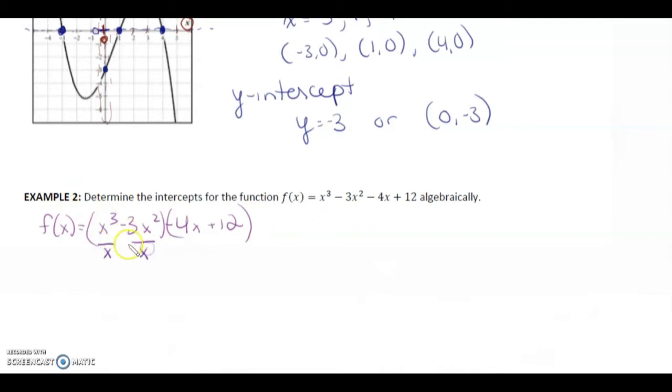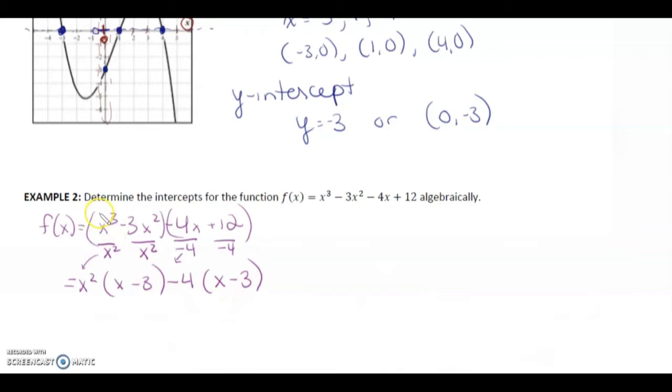So I'm going to divide the first 2 terms by x squared, right? Greatest common factor comes in front, and then we have x minus 3 left over. The second 2 terms divide by -4. So the -4, which is the greatest common factor, comes out front, and then we're given x minus 3 again.